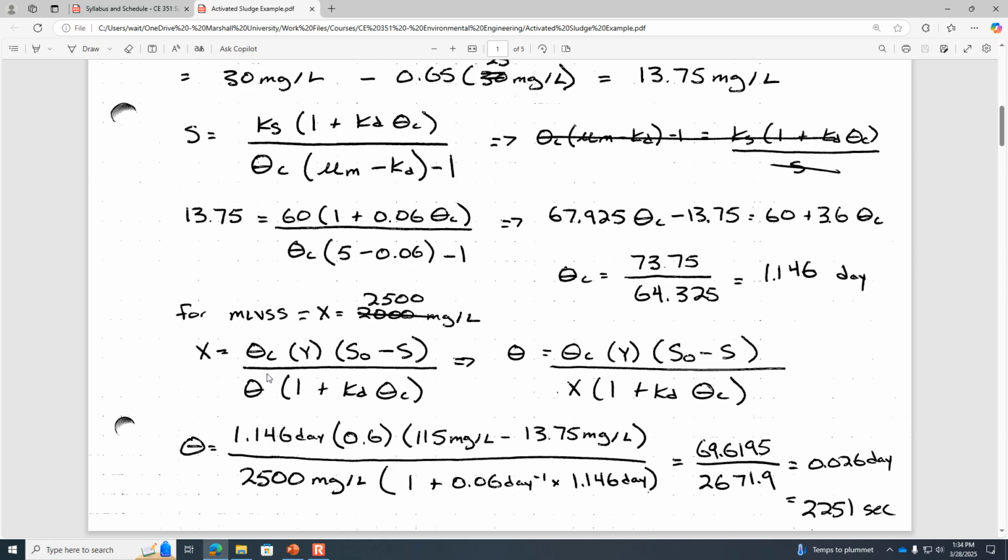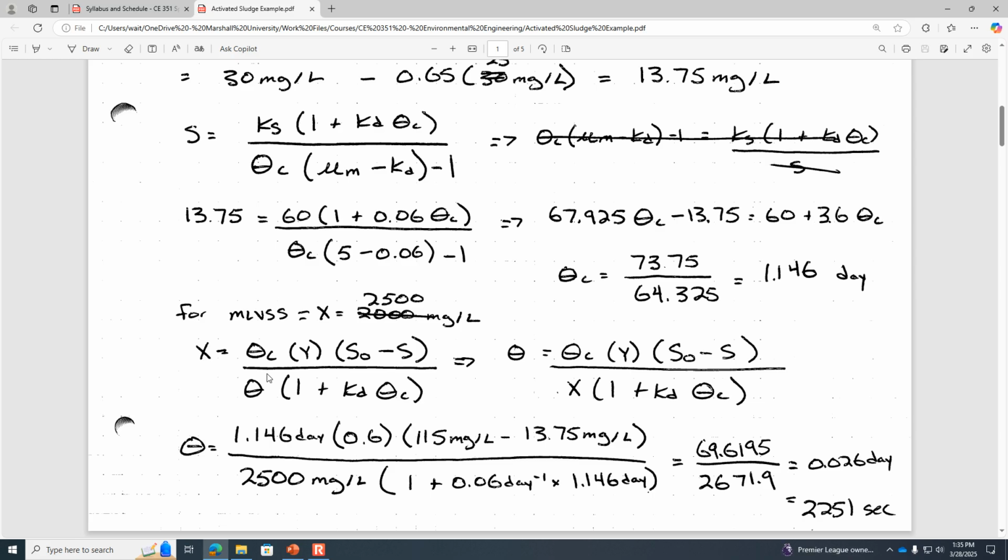So it turns out that the hydraulic detention time should be 0.026 days, which is 2251 seconds. So that's how long the water should spend inside of the aeration basin.